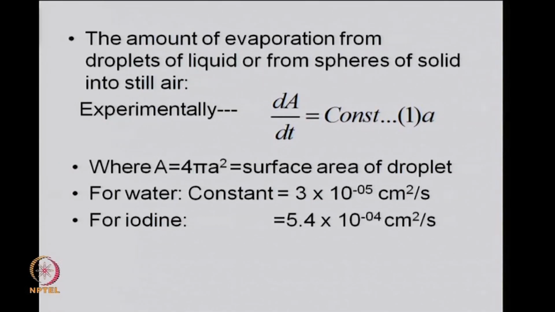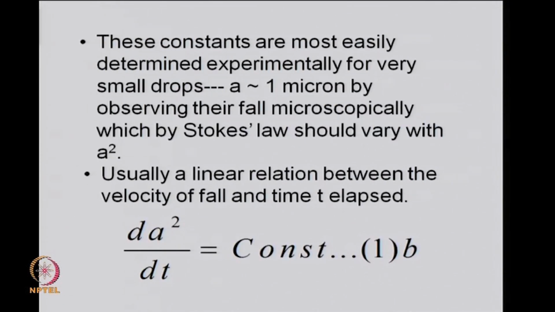All right, so we have some idea now as to how this area would change with time for water and iodine. How do we study experimentally such systems if evaporation is to be studied? You could think of maybe very fine droplets.